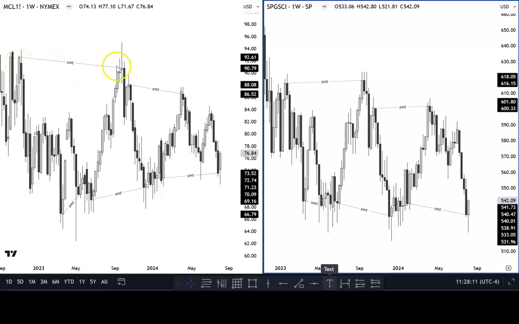So SMT here, let's start here. SMT at the lows, push price up. If you look at S&P similarly, you notice that this took the low, this one did not take the low. This would have been the pair to trade, and the one that is the strongest will give you the furthest move.